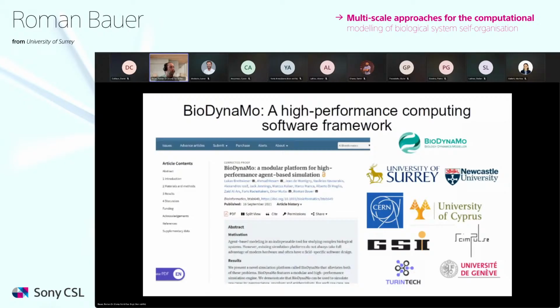So the important thing was really to create a software that is versatile enough to model a wide range of different complex systems with agent-based modeling, and to do this potentially just on a normal laptop. So we can use high performance workstations, but we can also run BioDynamo on a normal laptop.